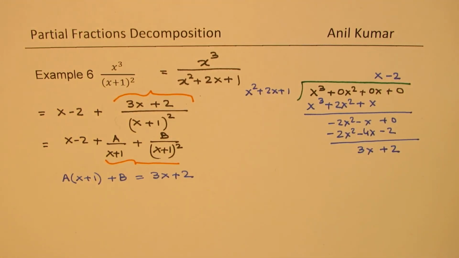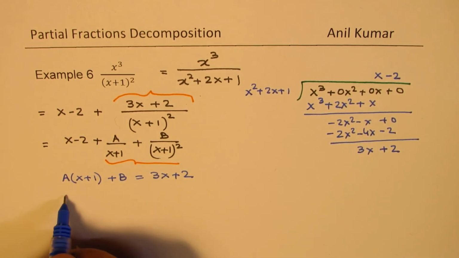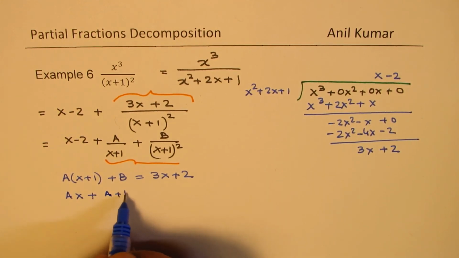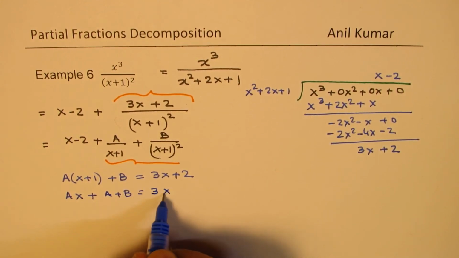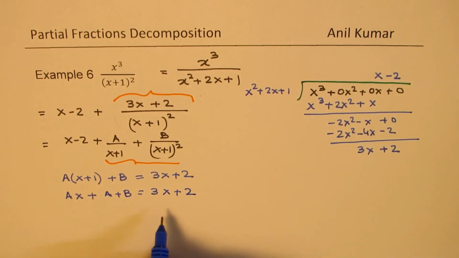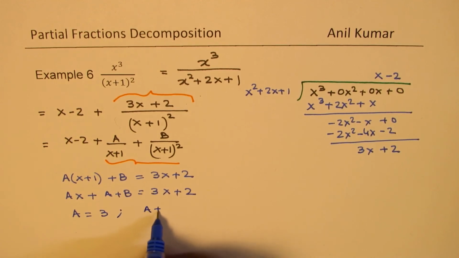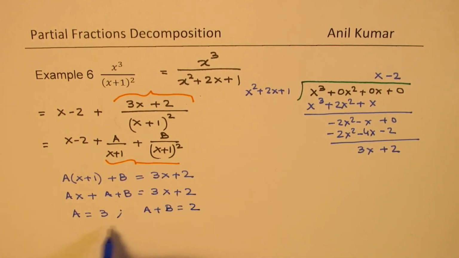So that is how we are going to solve it further. Now clearly from here, the x coefficient is only a. So we have ax plus a plus b equals 3x plus 2. So from here we get a equals 3 and a plus b equals 2.